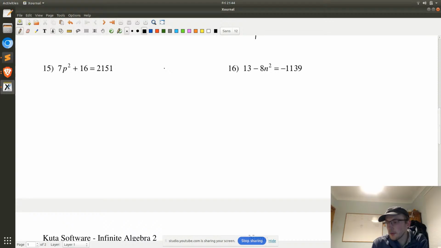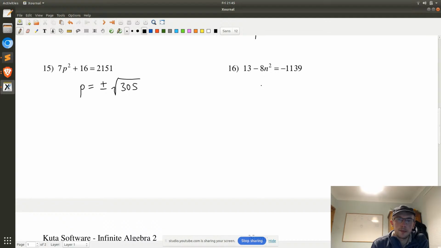So I'm going to have 305. So p squared equals 305. Okay. So p is plus or minus the square root of 305. So out of curiosity, what's 305? Would that be 5 times 61? So yeah, can't go any further with that.